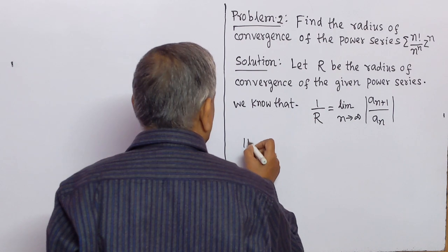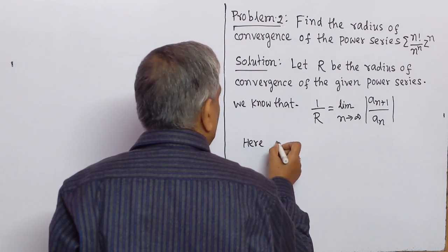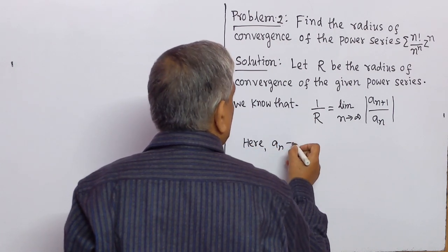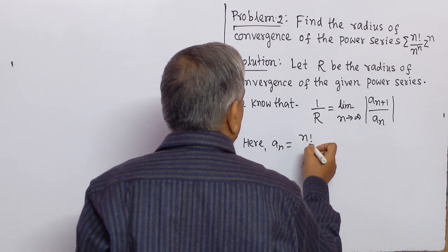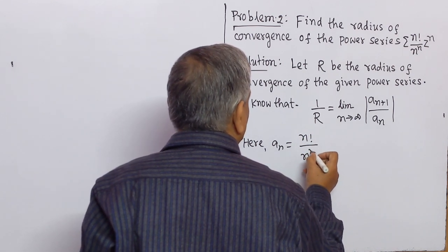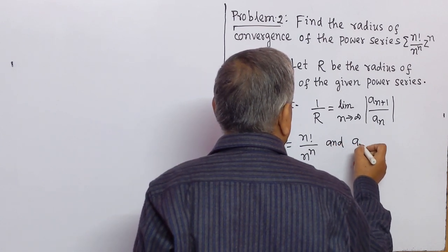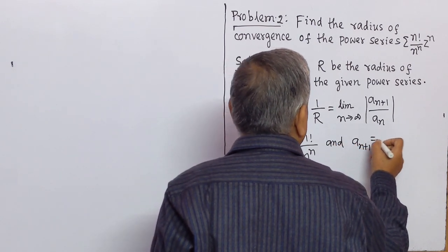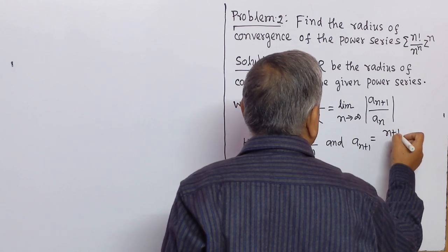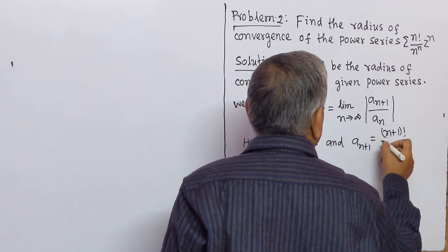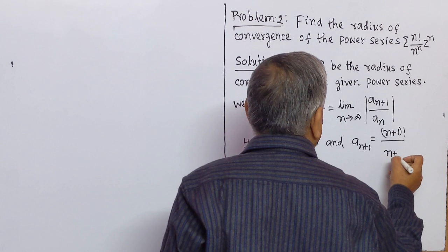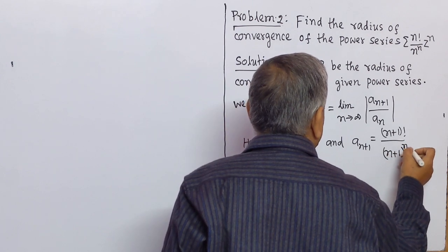Here a n equal to factorial n by n to the power n and a n plus 1 equal to factorial n plus 1 by n plus 1 to the power n plus 1.